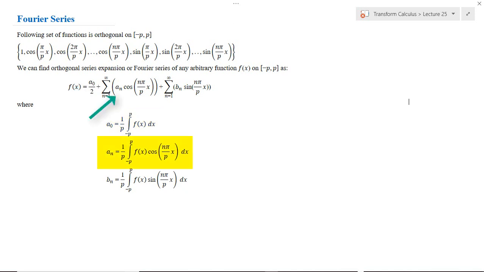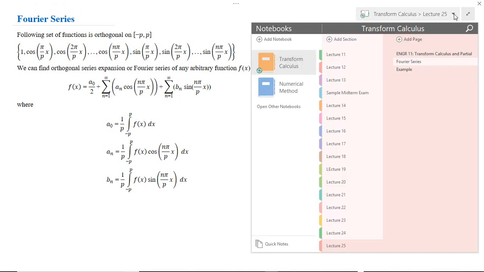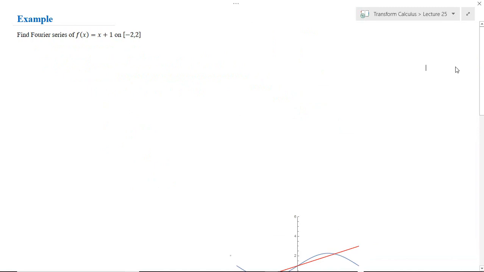An is 1 over p, the integral from minus p to p of f(x) cosine n pi over p x dx. And bn is 1 over p, the integral from minus p to p of f(x) sine n pi over p x dx.